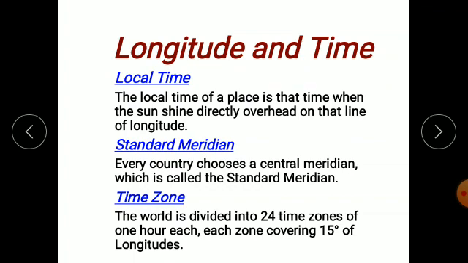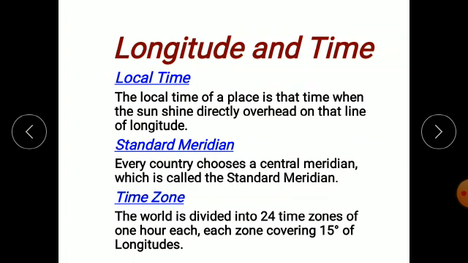When any meridian is facing the sun, all places on that meridian will have midday or noon. Each meridian will have its own specific time, which will be different from that of the other.